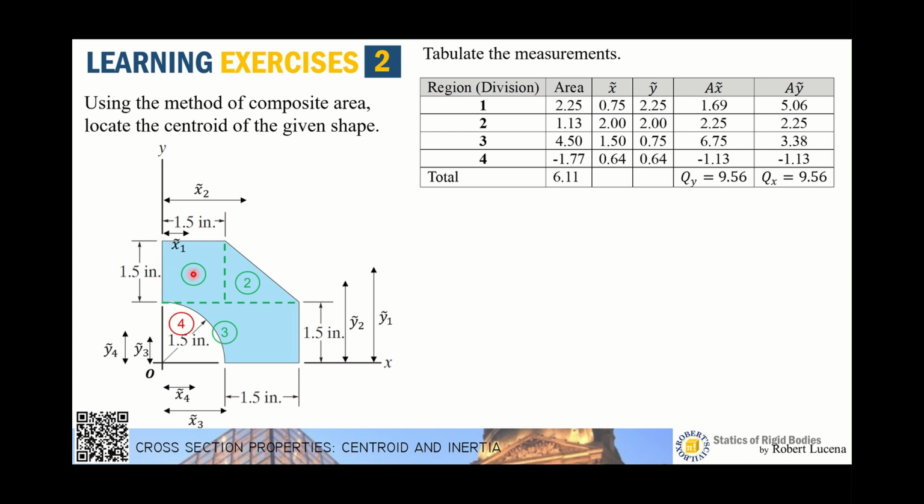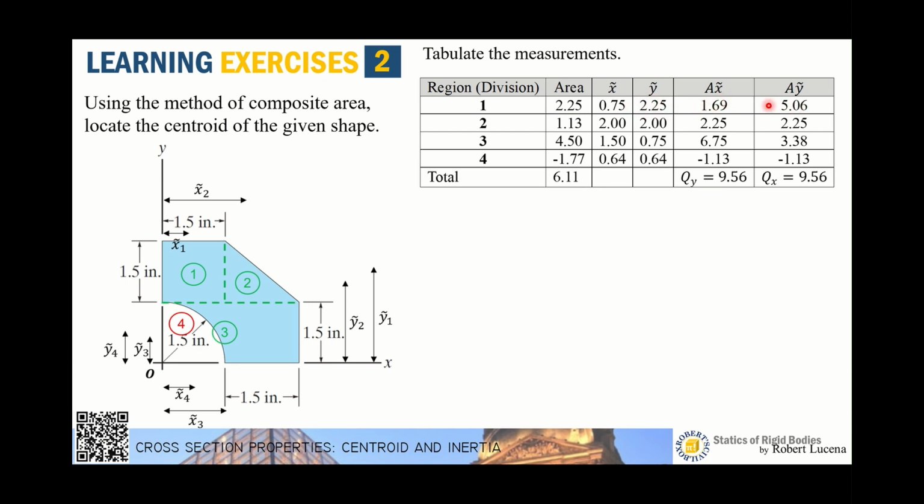The centroid of this square is located at mid-height of this 1.5, so the mid-height of 1.5 is 0.75 relative to this axis. But relative to x, that is not 0.75. It is 2.25, because 0.75 from here to this line and 1.5 to x. So that's 0.75 plus 1.5, you have 2.25.